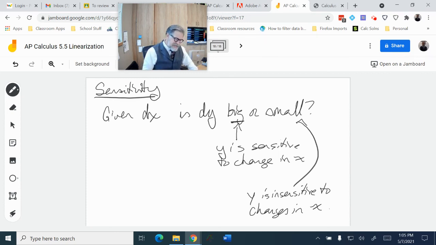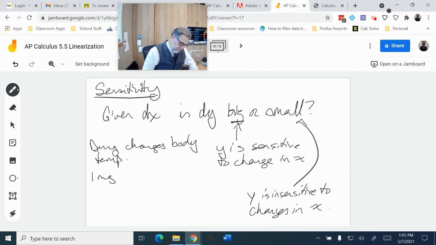For example, if a patient is on a particular drug and the drug changes body temperature. Let's say 1 milligram of drug changes temperature by, I'm just making up numbers here, 3 degrees. What does 1.1 milligrams do?